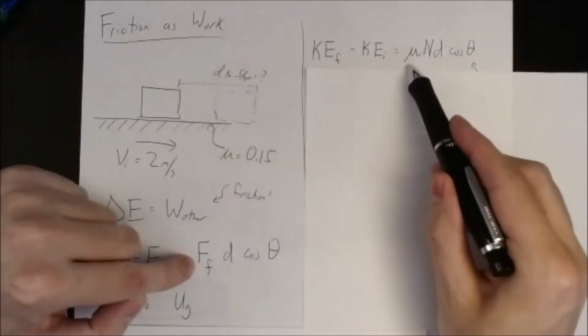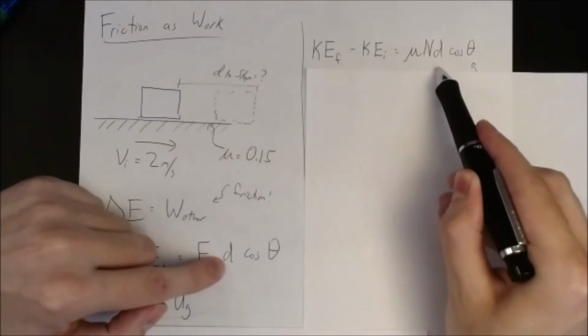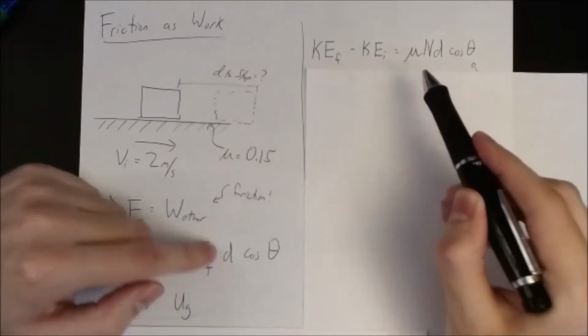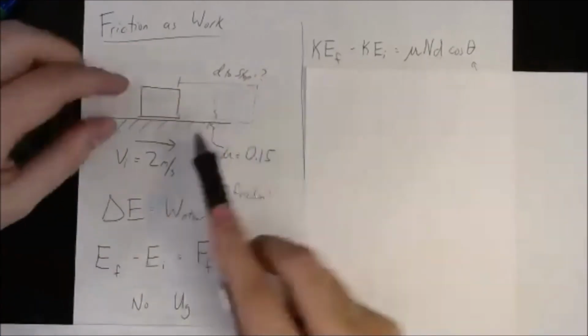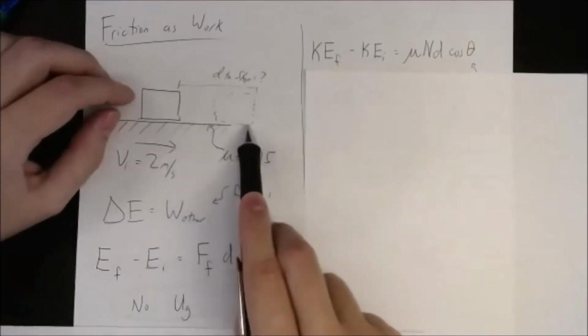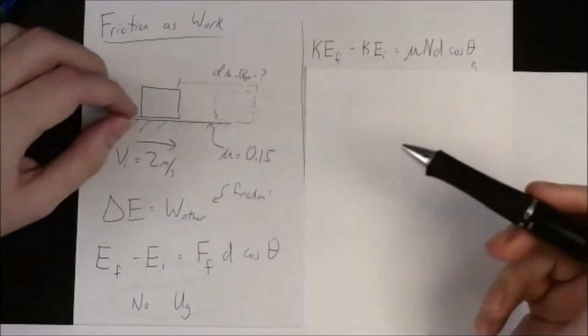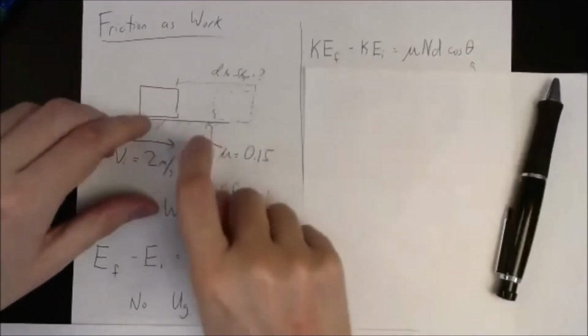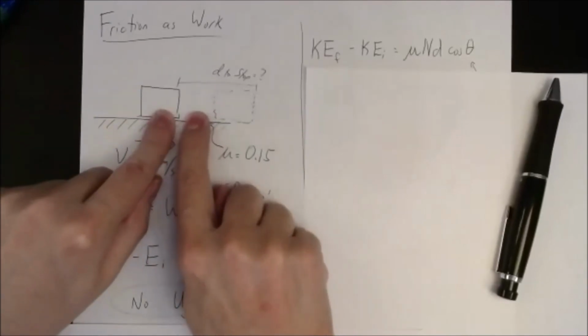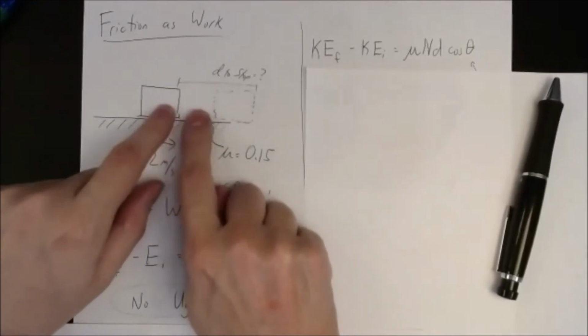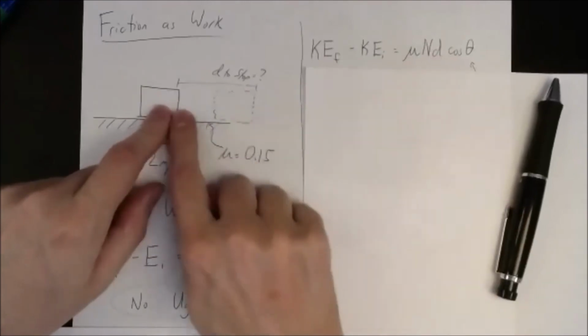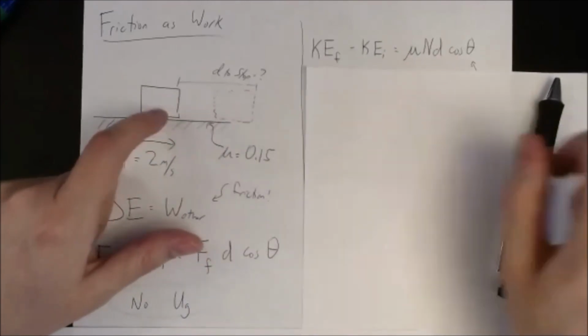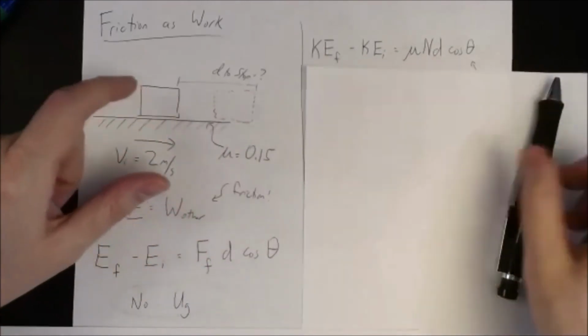The force of friction is mu times n. We keep d right there. D, by the way, is how far that force of friction is being applied. If friction was being applied over a very short distance, then you'd have a very short d. If friction is applied over a very long distance, then you'd have a very long d.